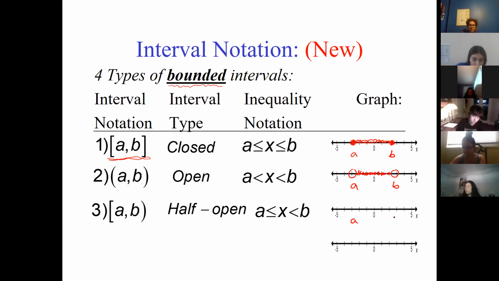So you have A, you have B. A is a bracket, so that's closed right there. B is a parenthesis, so that's an open one, and you shade in between. It could be the other way, parenthesis bracket, but it's still half open.